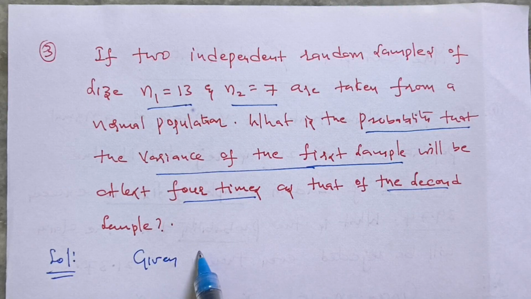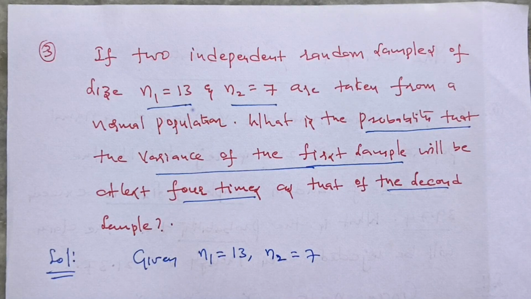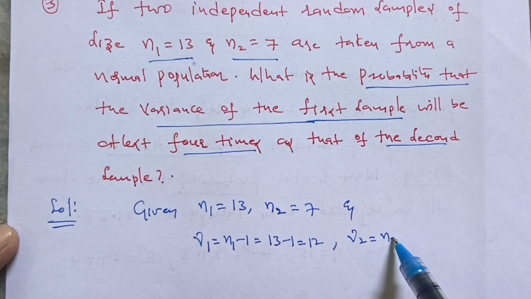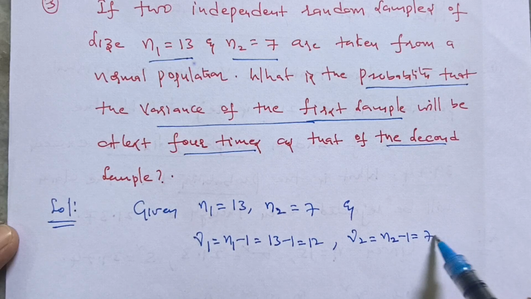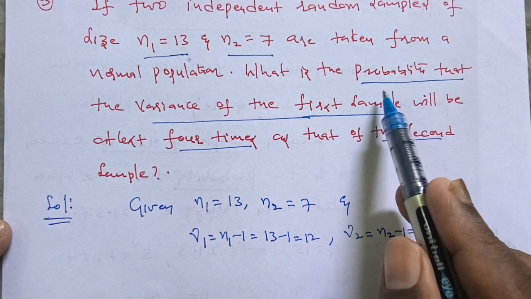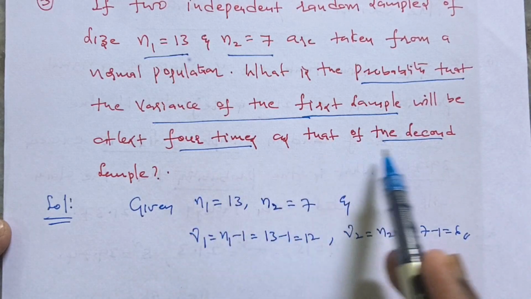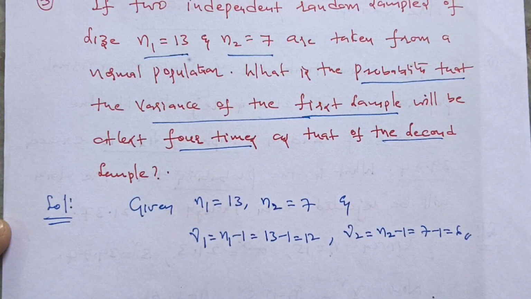From the given problem we have the data n1 equals 13 and n2 equals 7. So the degrees of freedom corresponding to n1 is nu1 equals 12 and for n2 it is 6. What we are going to find is the probability that the variance of the first sample will be at least 4 times the second sample.